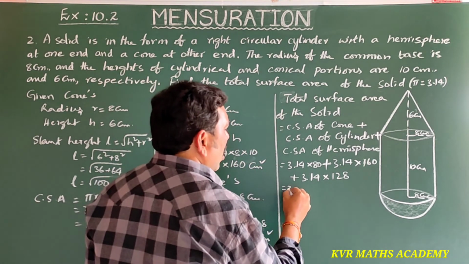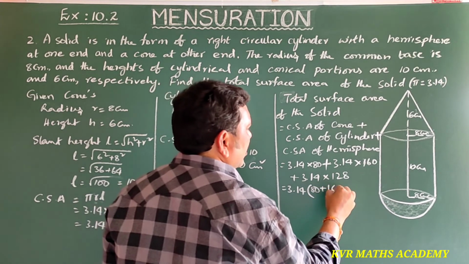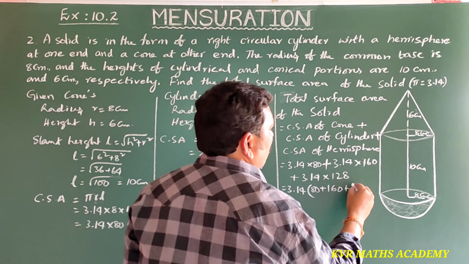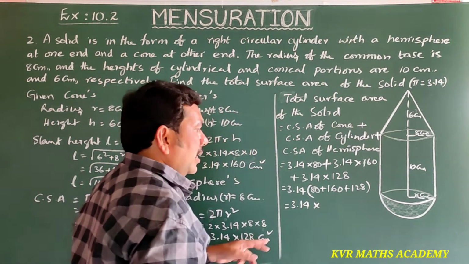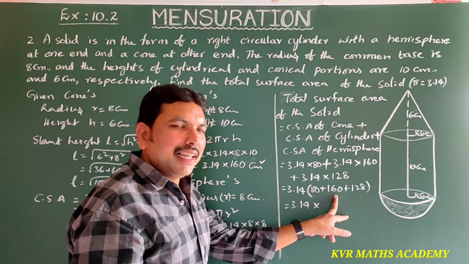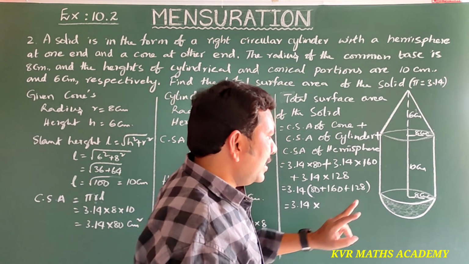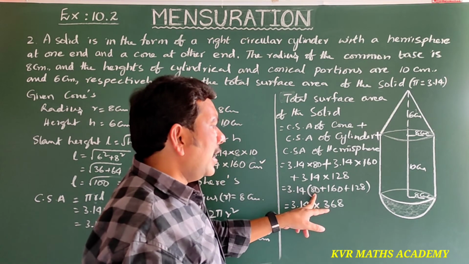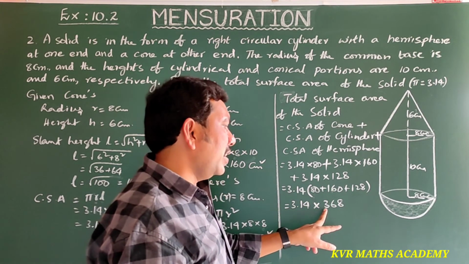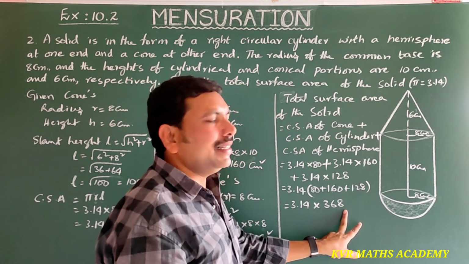If we take 3.14 common, what are the remaining terms? 80 plus 160 plus 128. So that is 3.14 into, 80 plus 160 is 240, 240 plus 120 is 360, plus 8 is 368.